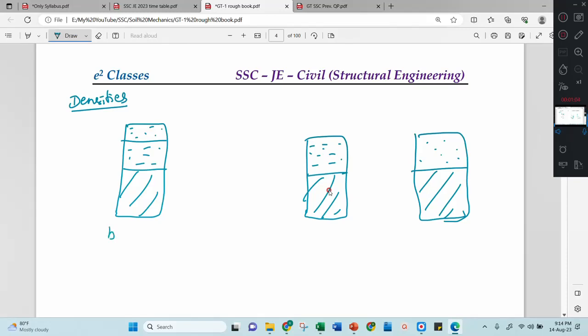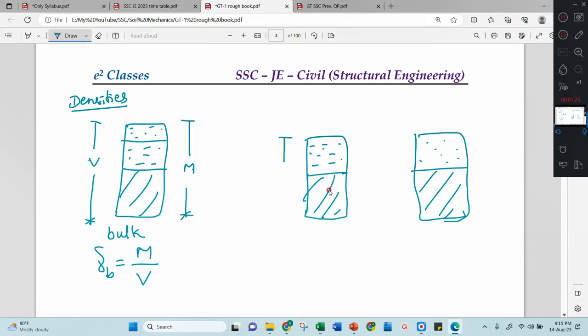Then this phase is called bulk. Therefore the density obtained here is your bulk density, gamma b. Gamma b is total mass by total volume. Mass by volume is your bulk density.